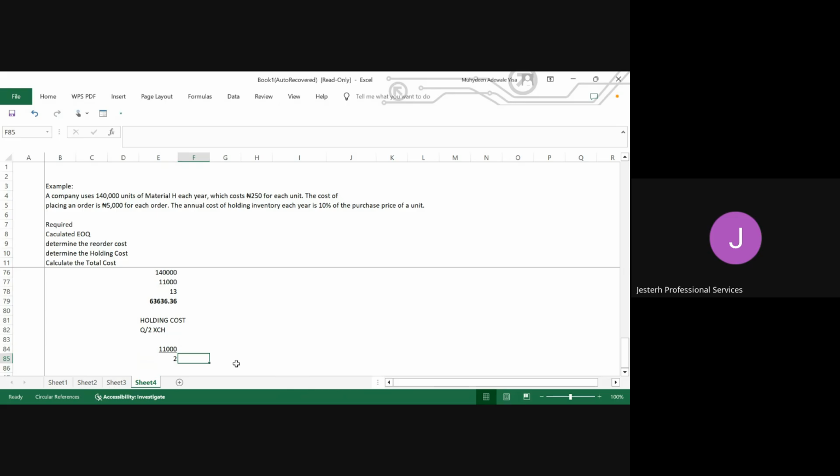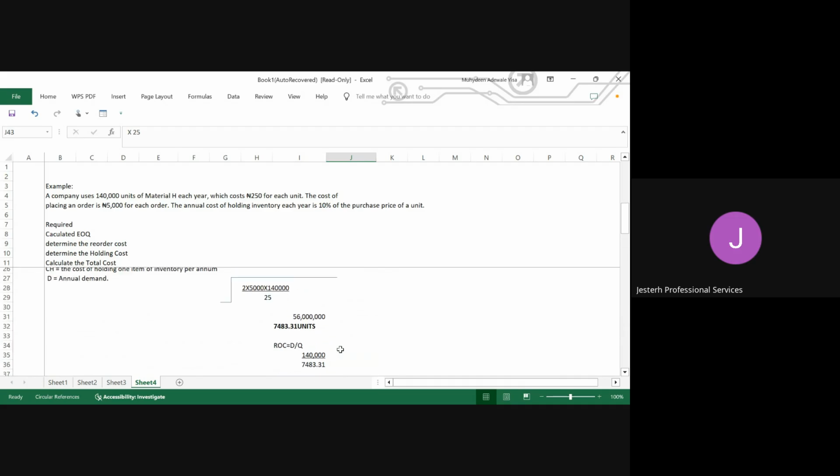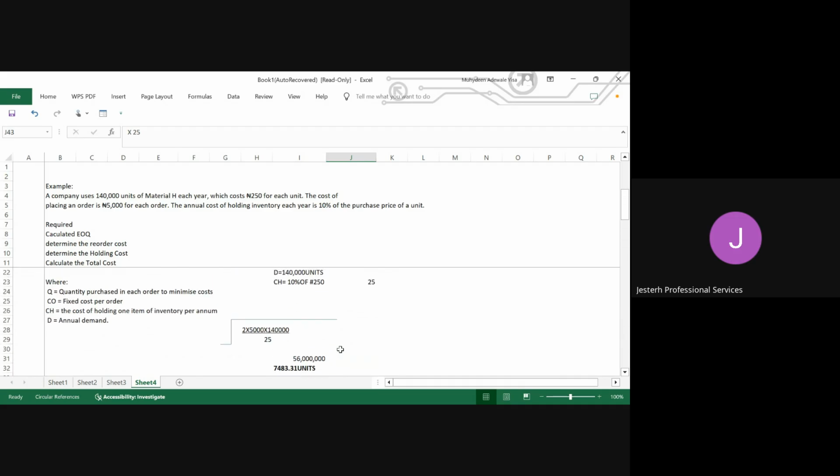Now, our holding cost before, if we did not follow the discount that the supplier is going to give us, is 25 naira per unit. That is what we determined when we were calculating based on the structure of the organization.